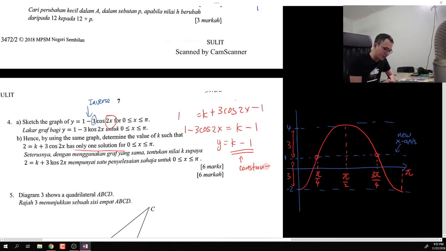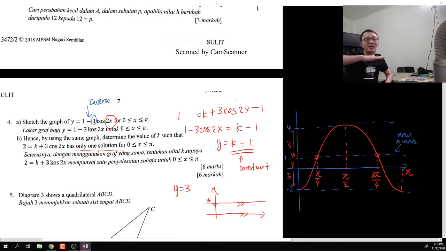Constant value means, let's say y equals 3. What is the pattern of y equals 3? It will be a horizontal line, parallel to the x-axis and passing through 3. Same idea for k minus 1: there's no x over here, so the line will be parallel to the x-axis.